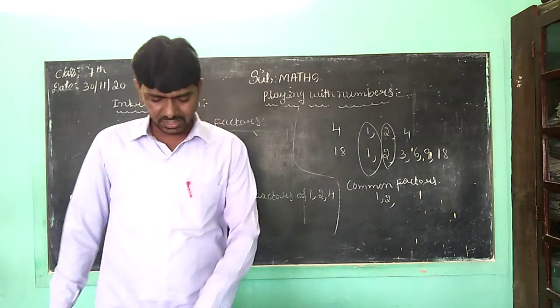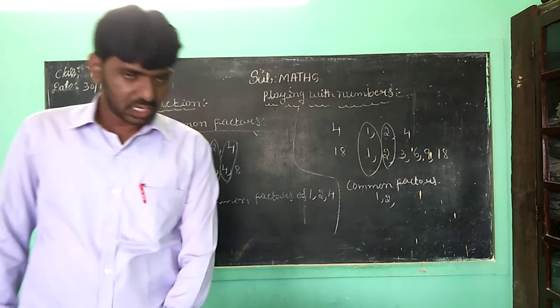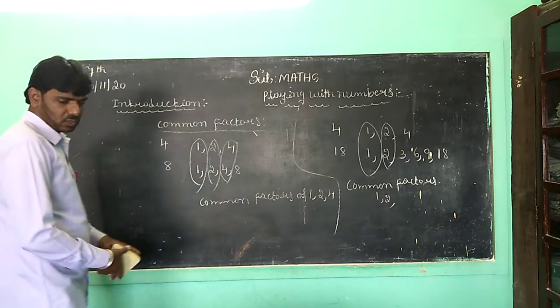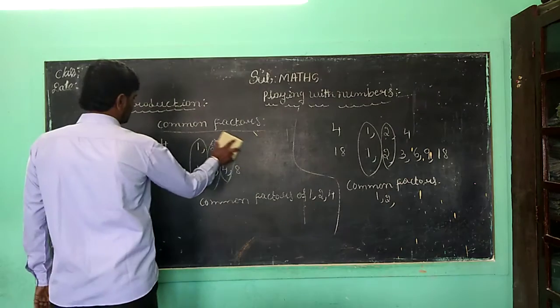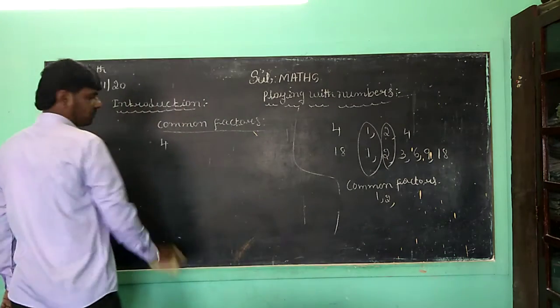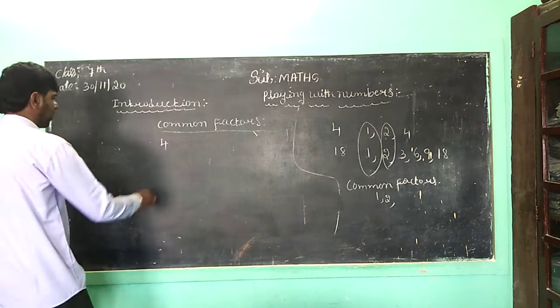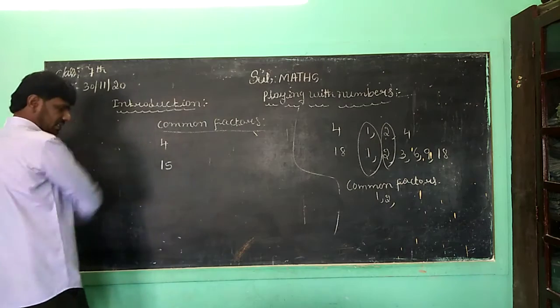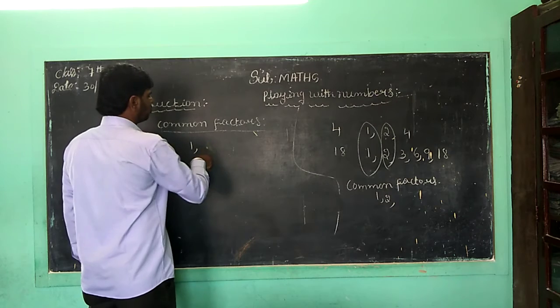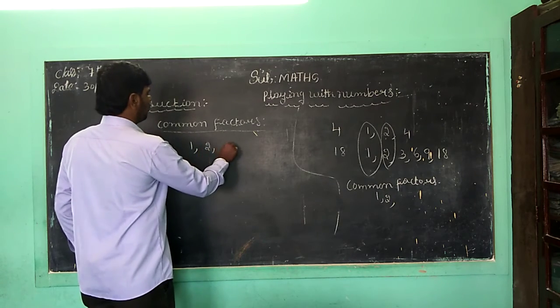Any doubt, children? Now we want to take another example: 4 and 15. The factors of 4 are 1, 2, 4.